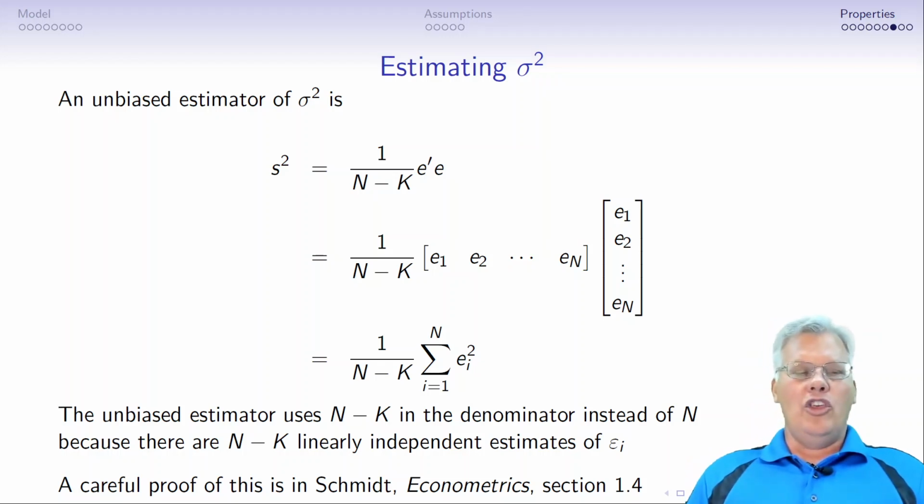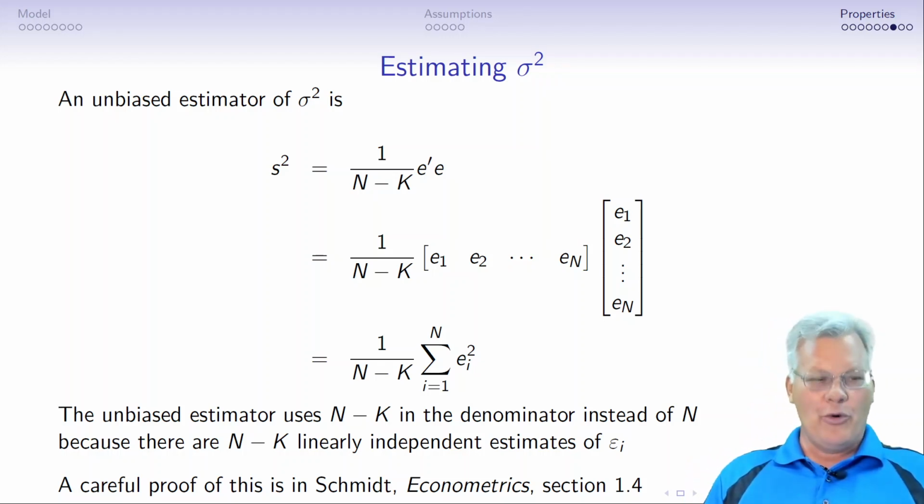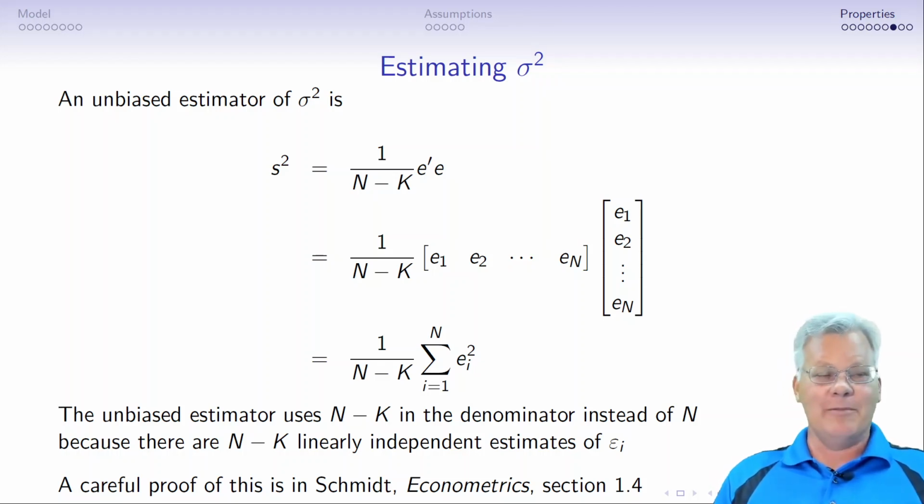Now, you should remember this result from the prerequisite course. An unbiased estimator of sigma squared, which is the variance of epsilon, is given by the Latin analog s squared.